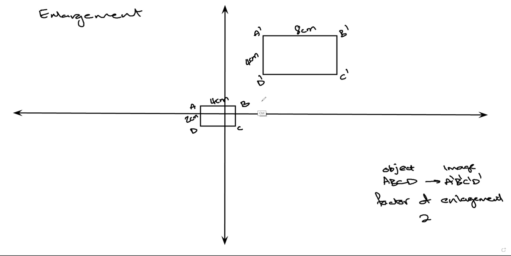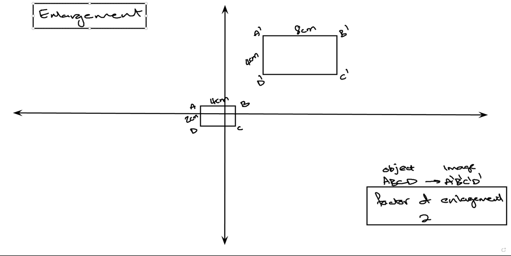Likewise, the other side as well, multiply by 2. If I had to go backwards, the factor of enlargement will become half because I would be halving each of the sides. So the factor of enlargement is the first thing that is a fact when it comes to enlargements.